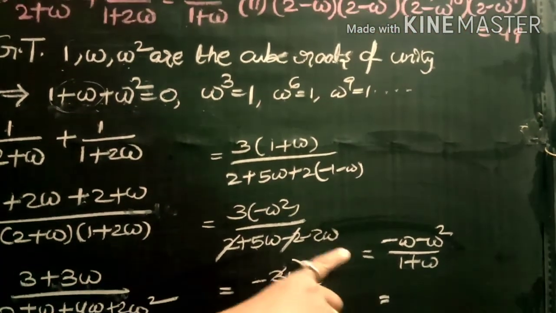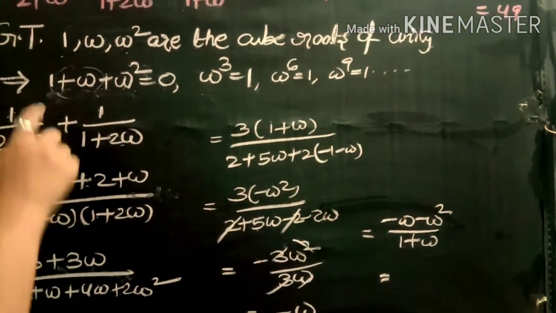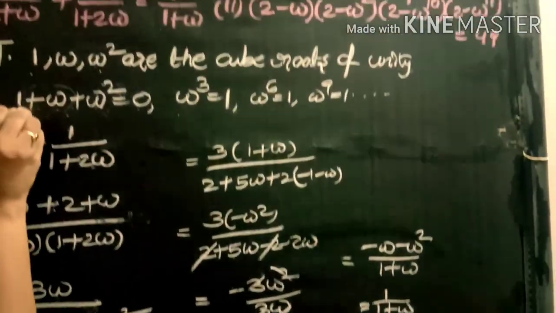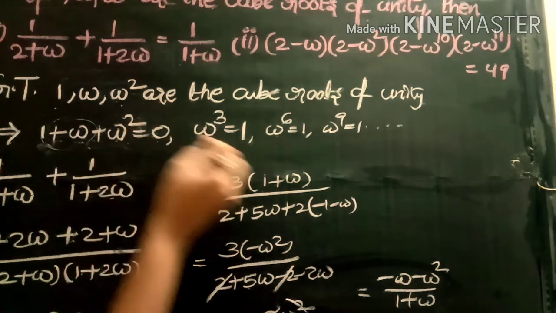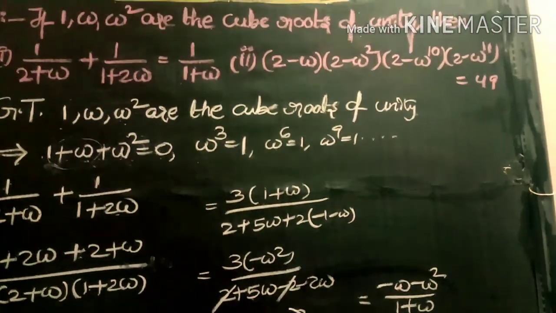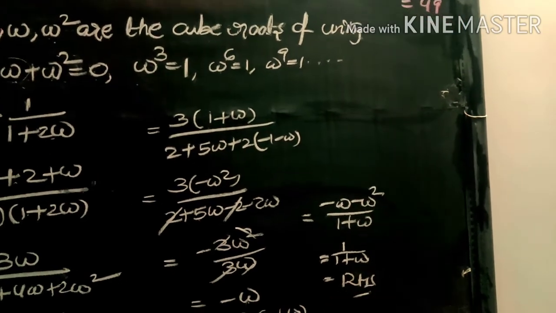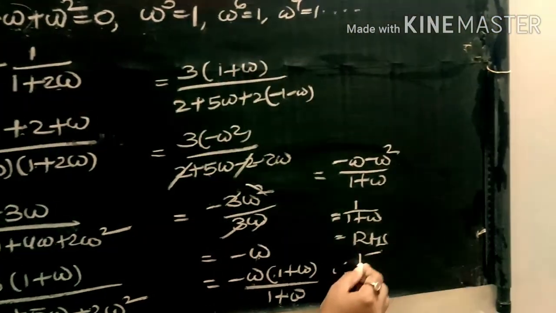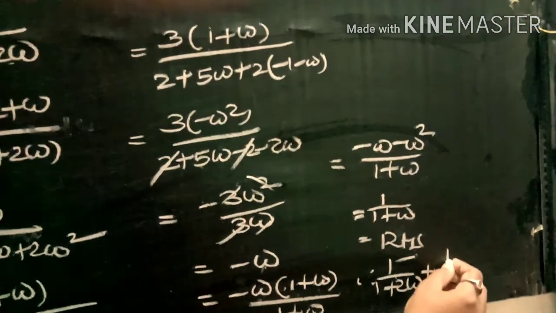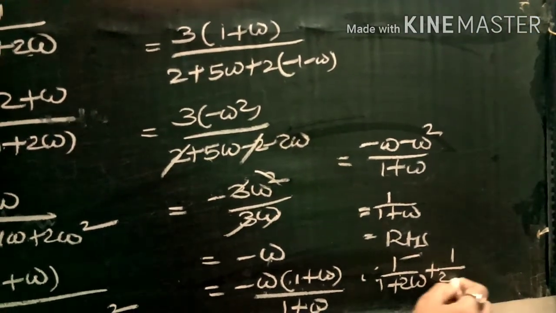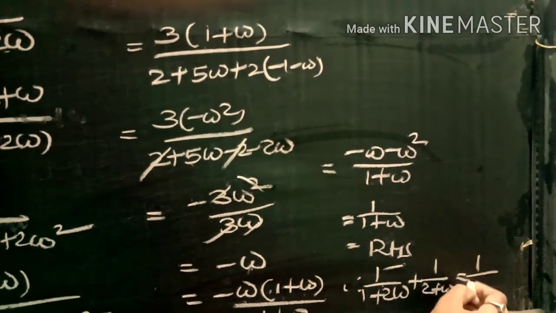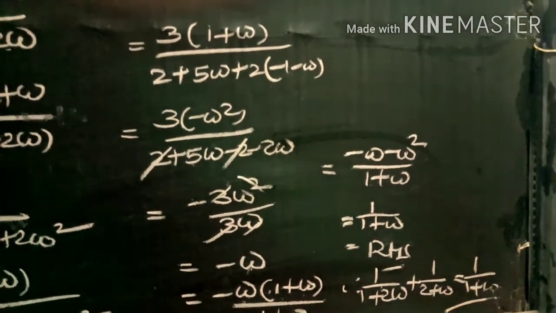In place of minus omega square we take the value 1, so that is equal to 1 by 1 plus omega, which is the RHS. Therefore 1 by 1 plus 2 omega plus 1 by 2 plus omega is equal to 1 by 1 plus omega. That's all.